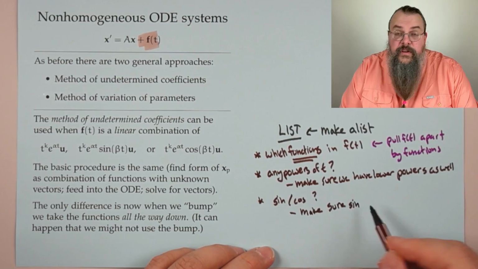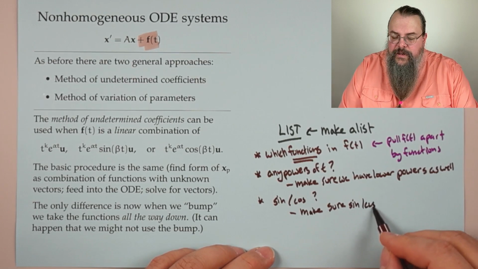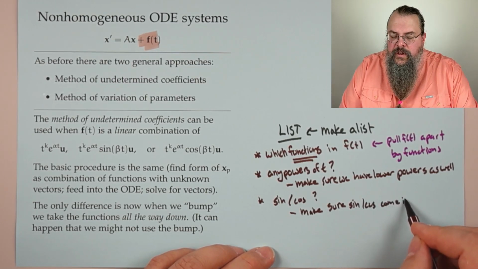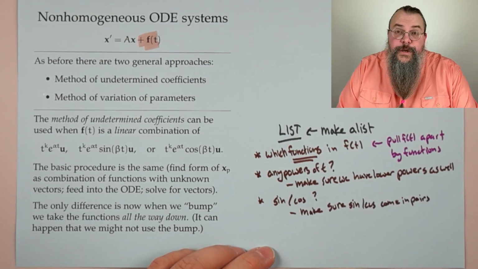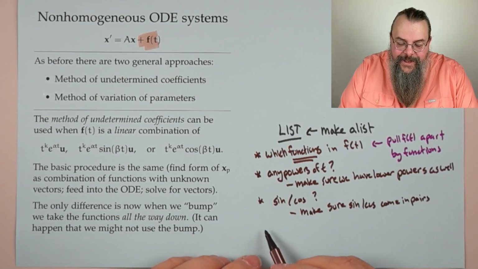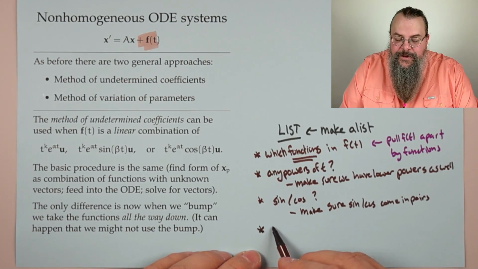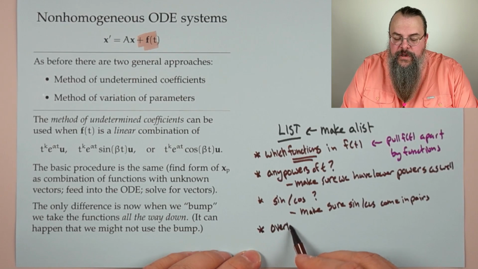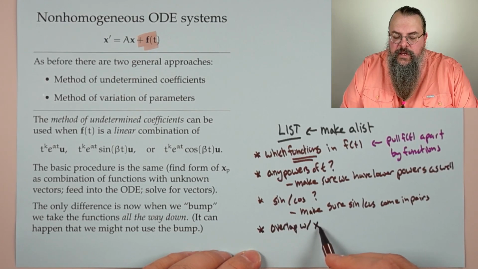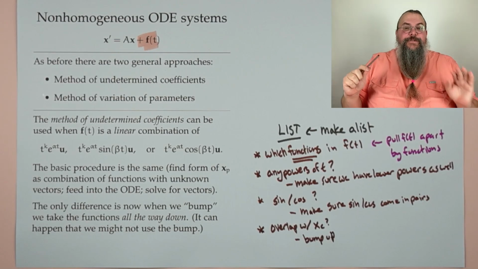In other words, if you see a sine of 2t, there's also got to be a cosine 2t. All right, great. And the last thing is the bump, Steve, right? Yes. Here's the thing you have to be careful about. If there's overlap with x_c, we're going to bump up, but I want to be really careful here.